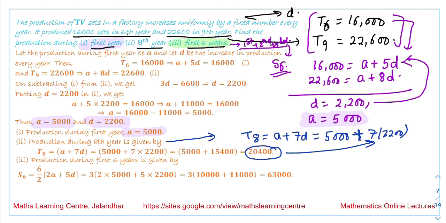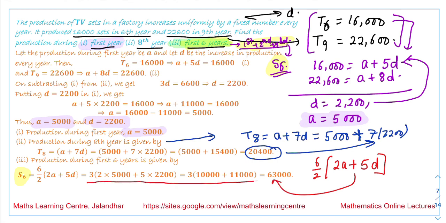Now the last part is production in the first 6 years. It is S6 we are talking about, that is, the total production in the first 6 years. So the answer, we are saying, is n by 2 into 2a plus (n minus 1)d, which is 6 by 2 into 2a plus (n minus 1)d, and we calculate this value.